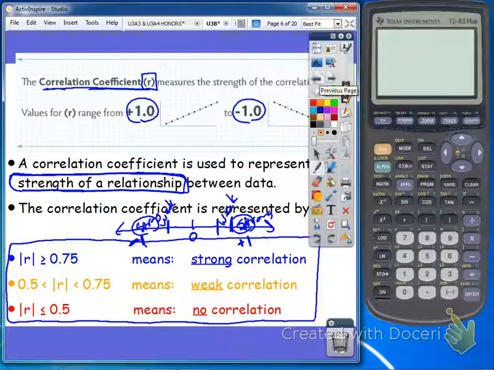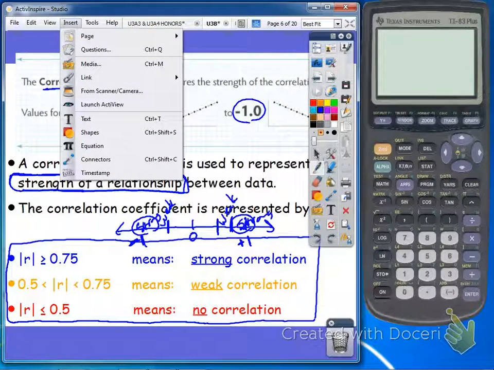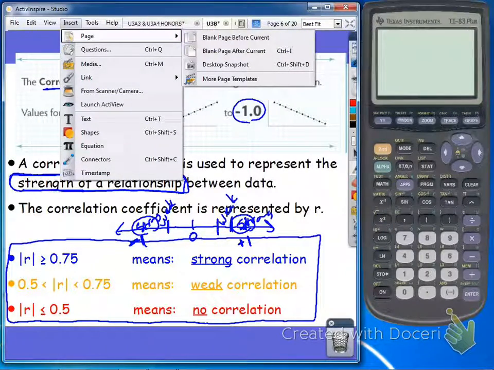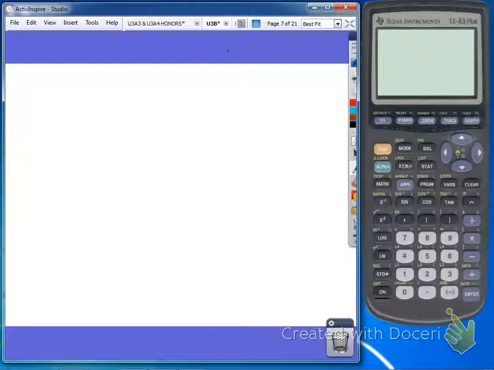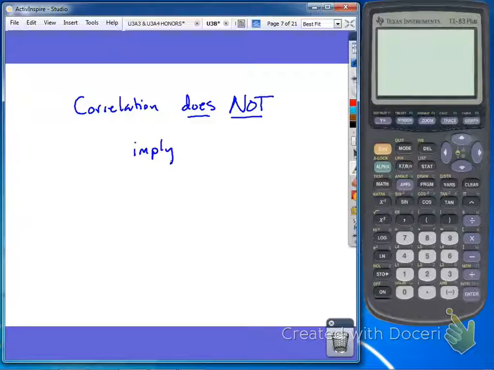So let me state this one fact, and I need you to put this in the margin of your notes somewhere. Correlation does not imply causation.